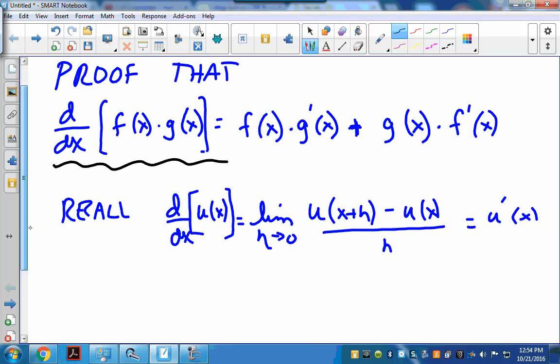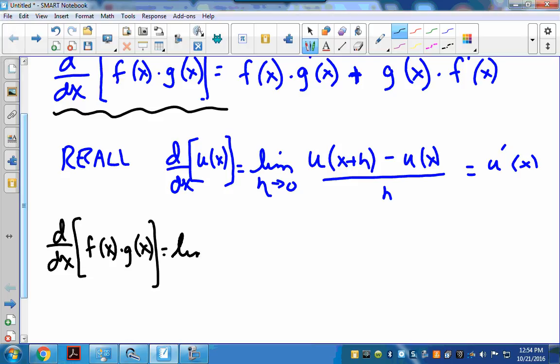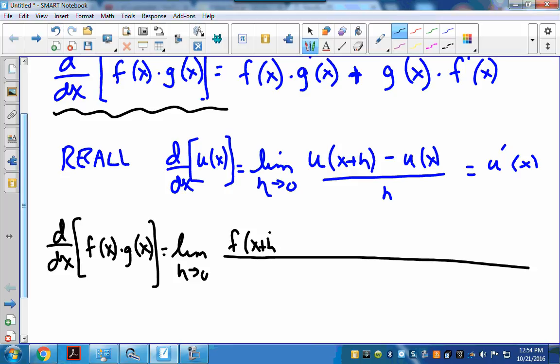Okay. So we are now going to use that idea on this particular product. So let's see. By definition, the derivative with respect to x of f times g is a limit as h goes to 0. Okay, we have this difference quotient here. We have f of x plus h times g of x plus h minus f of x, g of x, and h is on the bottom.